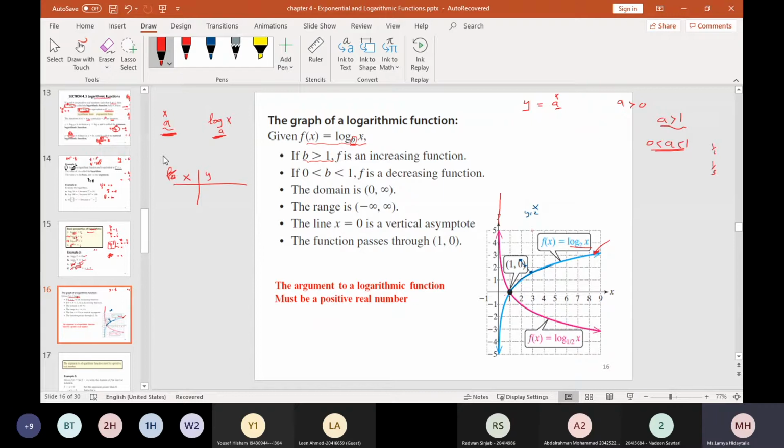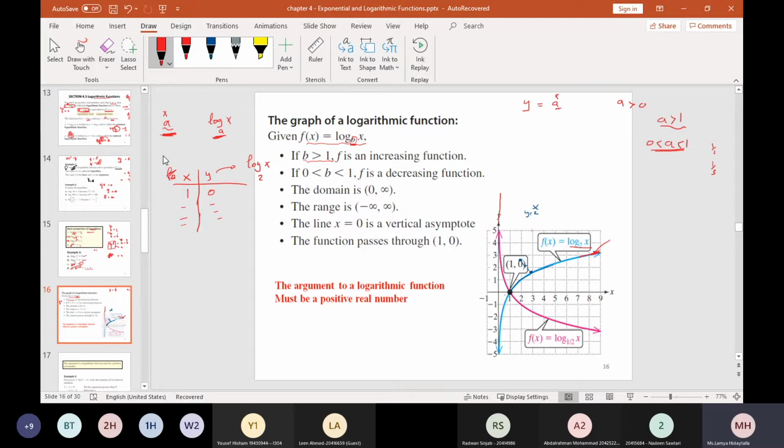Substitute with some points and then find the corresponding ones. For instance, if we put x equals 1, what is y? Log 1 is always 0, correct? When you substitute in the function, y is log x to the base 2. Then you find some values, the points and the corresponding ones, and if you plot, you are going to find this blue line here.